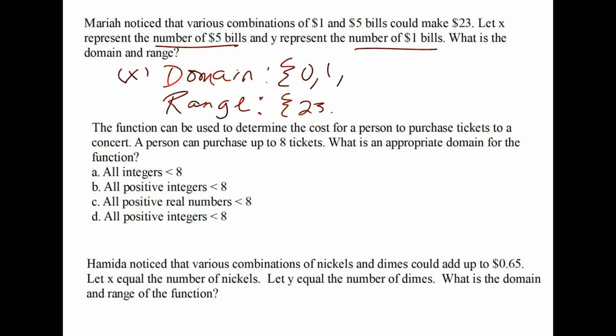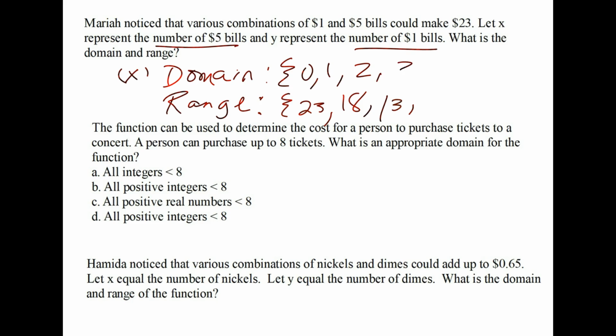Of course, the numbers are going backwards because I'm linking them up. If I have 1 $5 bill, then I have 18 $1 bills. If I have 2 $5 bills, which makes $10, that means I have 13 $1 bills.